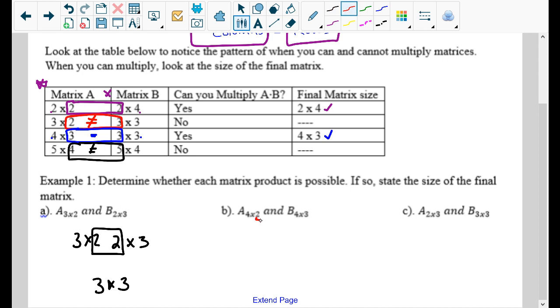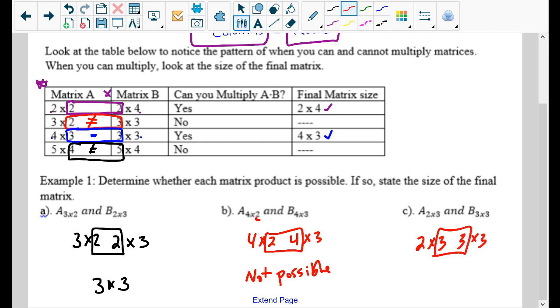Next, 4 by 2 and 4 by 3. Are these the same? Nope, not possible. Cannot multiply together. And if I have a 2 by 3 matrix and a 3 by 3 matrix, again I'm looking at these two in the middle, 3 and 3. They're the same, so my resulting matrix is a 2 by 3 matrix for my solution.